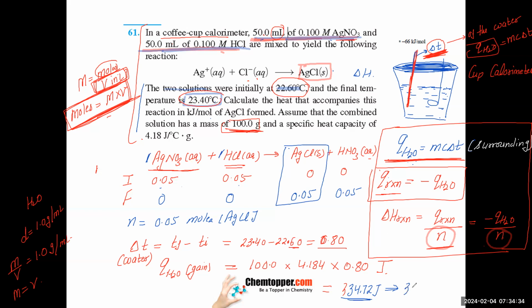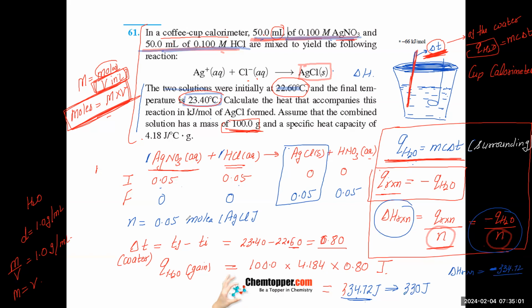You can write it the other way also, but I'm avoiding too much approximation because this should be my final answer, delta H reaction. So what is delta H reaction? It is minus Q, because water is gaining, so the reaction is losing. Heat is coming from the reaction. So minus this value, and finally you put your answer in two significant figures.